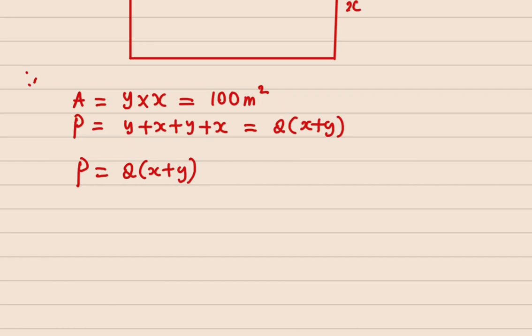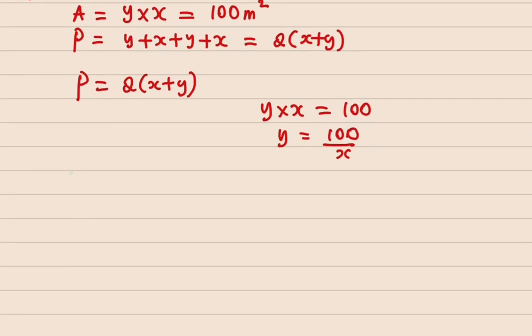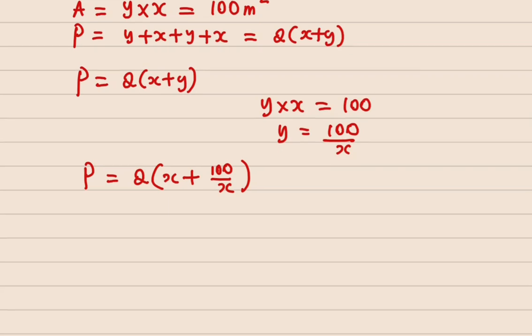Since our perimeter is equal to 2 into x plus y, we need to get our y. From the expression of the area, we know that y times x is 100 meters square, so y is equal to 100 all over x. So we replace it. Therefore, P is equal to 2 into x plus 100 all over x in brackets.